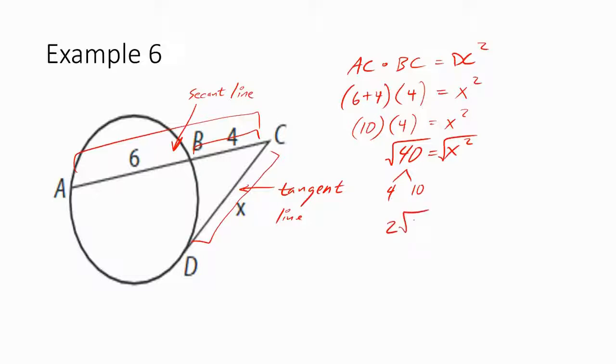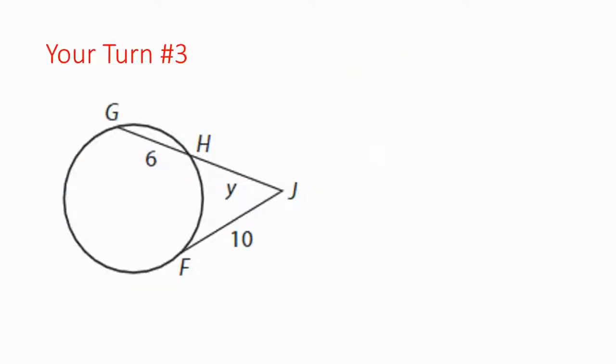So we have 2 square root of 10, and that should equal x. You can get a decimal and do that if you want, but 2 square root of 10 is more exact. All right, so your turn number 3. Go ahead again. Think secant tangent. You have a secant, you have a tangent. Set it up as the theorem says, and then just solve for y.